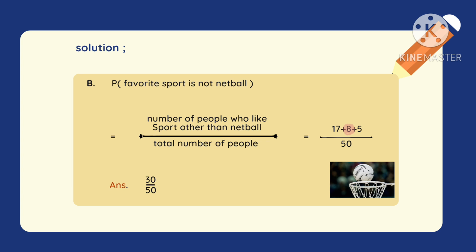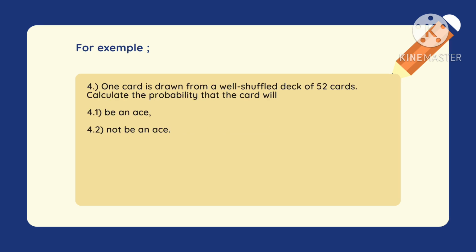There are 8 people who like basketball. This is the number of people who like a sport other than netball. 17 plus 8 plus 5 equals 30. And the total number of people is 50. So the answer to this example is 30/50. Let's go to the next example.